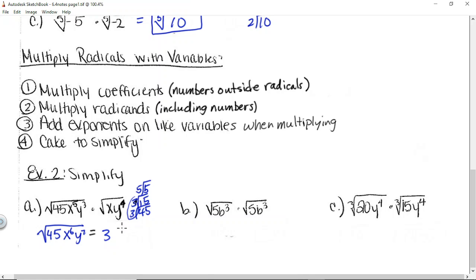Okay, so we have x to the sixth, and we could write that down like this. Let's go ahead and do that on this one. We're looking for groups of 2 there as well, right?